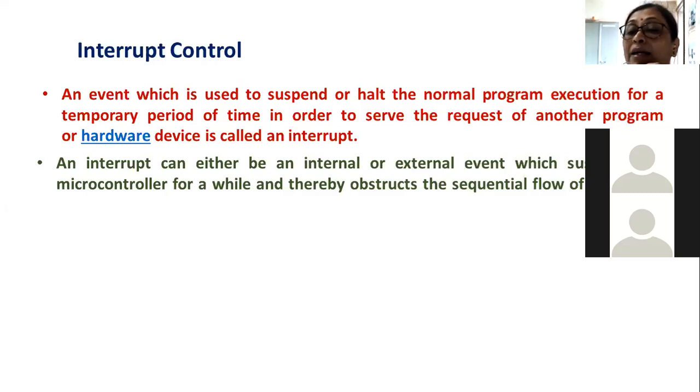One is related to timer 0, which is called the timer counter 0 interrupt. The second is related to timer 1, which is called the timer counter 1 interrupt. And the third interrupt is related to serial communication.